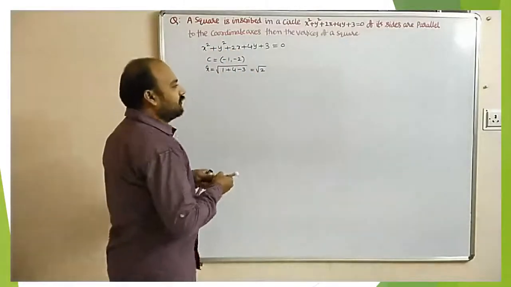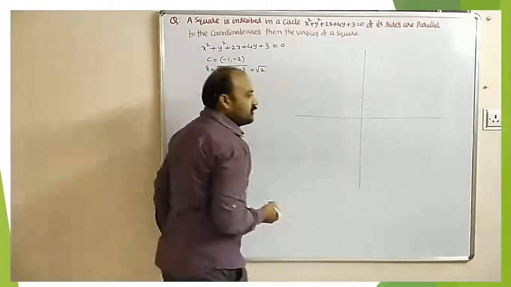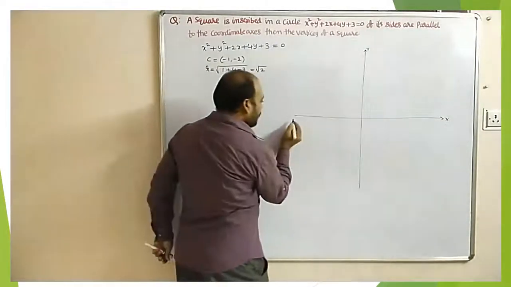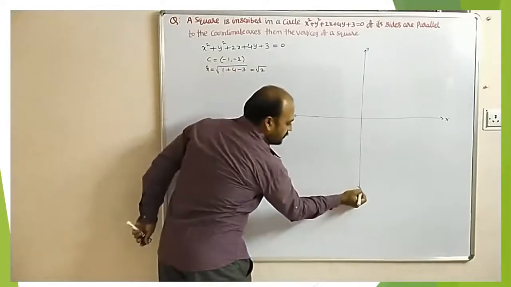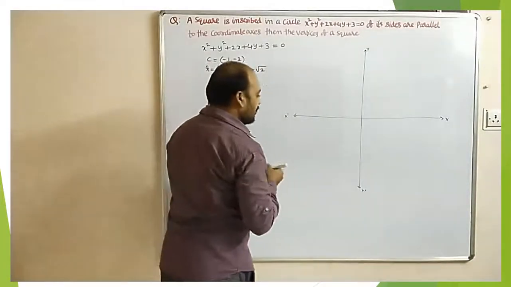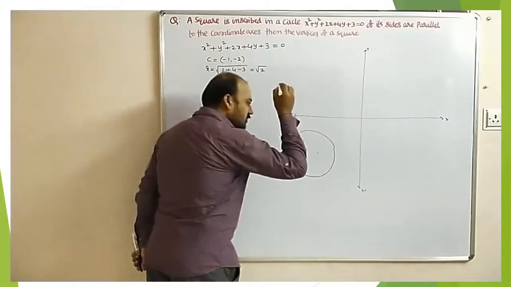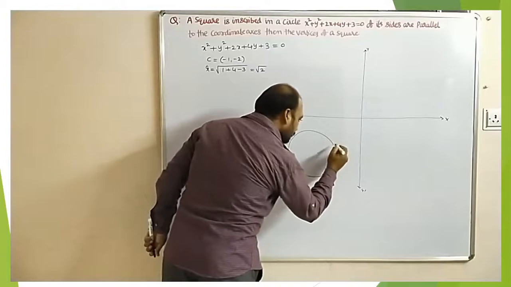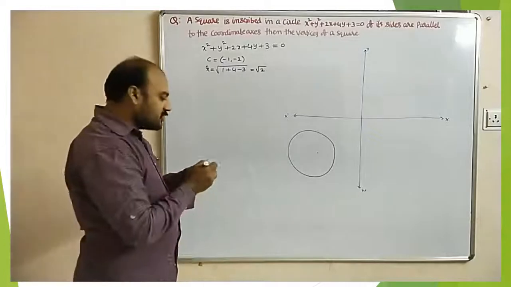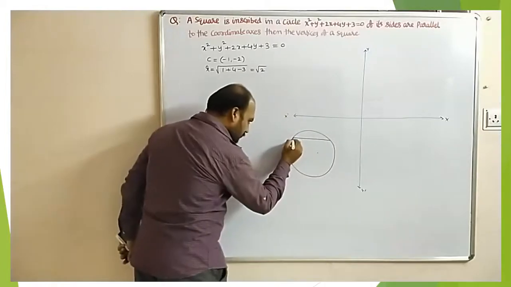After that, by observing (minus 1, minus 2), which belongs to the third quadrant, the center of the circle. So the circle you have to draw in the third quadrant of the coordinate system, x axis, y axis and x dash, y dash. Minus 1, minus 2 belongs to the third quadrant. So the circle diagram here, a rough figure, with center (minus 1, minus 2), and a square inscribed in the circle.